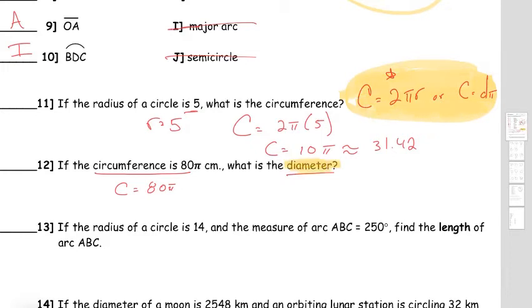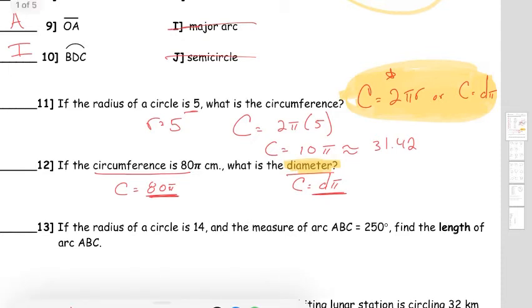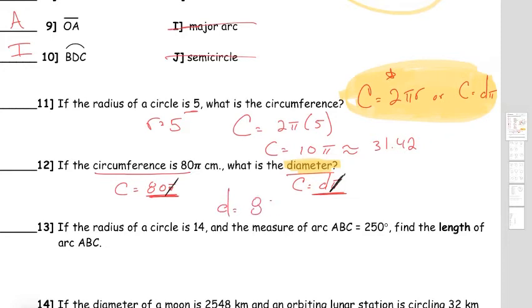Because they're asking for the diameter, it would be wise to use circumference is equal to diameter times pi. If we compare this equation to the circumference that they gave us, the pi's are both there, which means that the diameter is actually 80 centimeters. So not much math involved in that one.